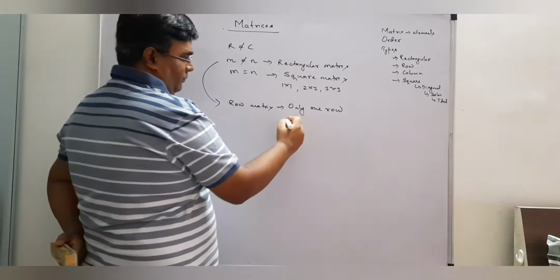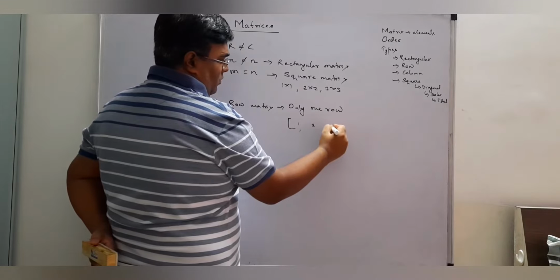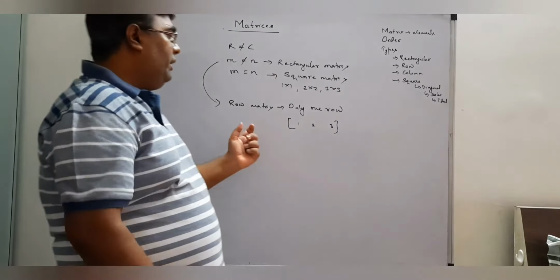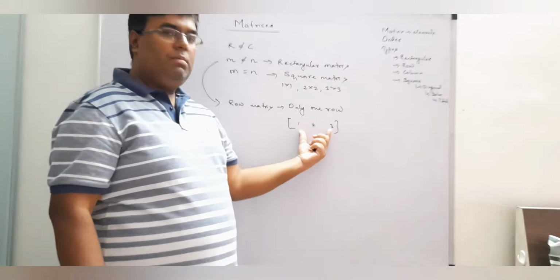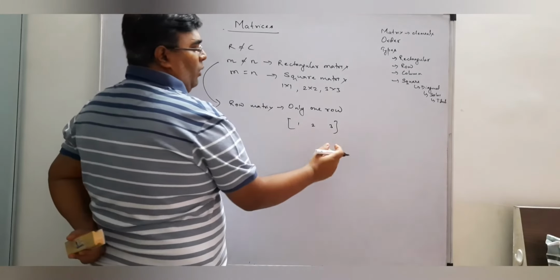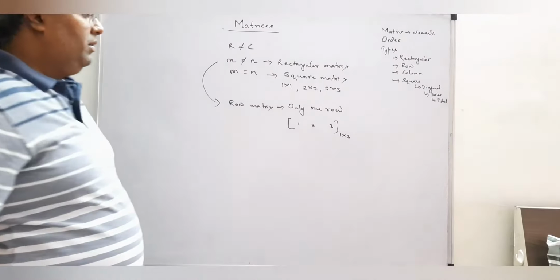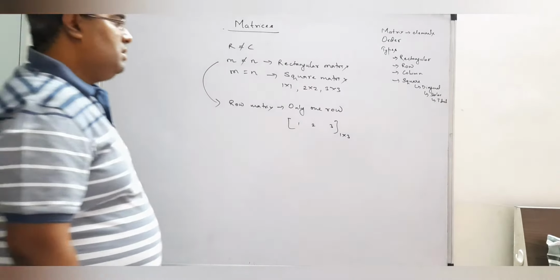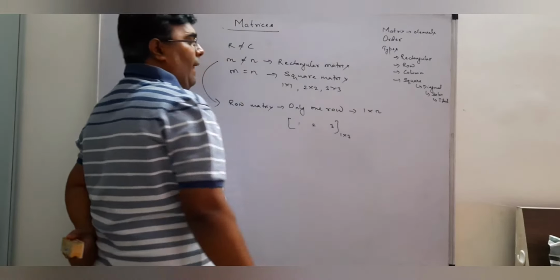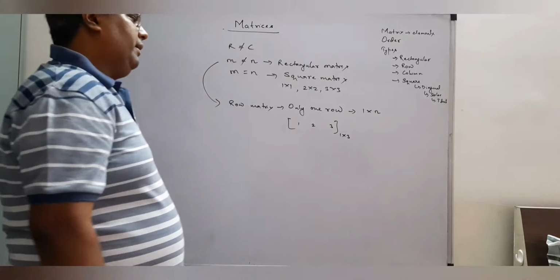Like, three elements are there, but all in one row. There are three columns, but the row is only one. So the order will be written 1 by 3. Any row matrix, its order will be 1 multiplied by n. N can be anything, and the number of columns can be anything.